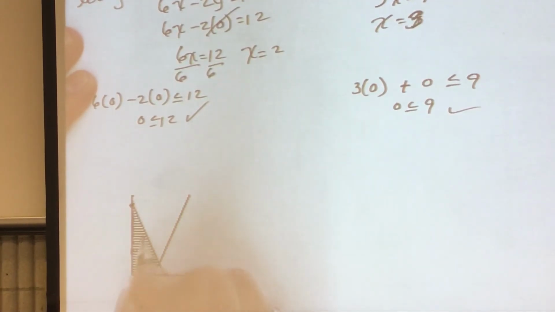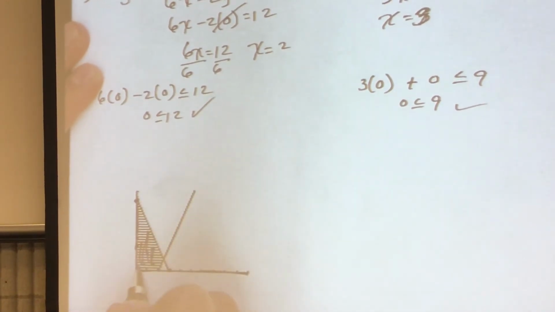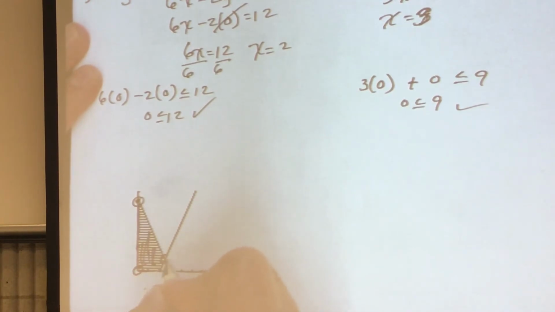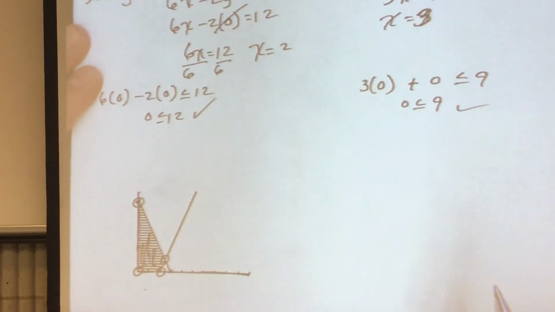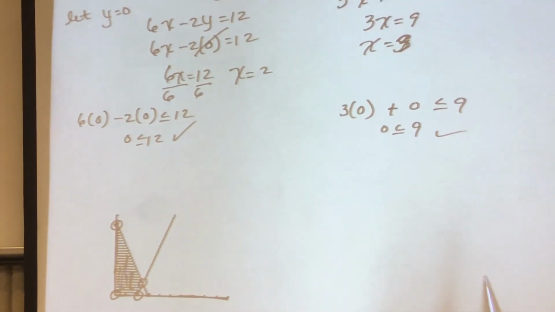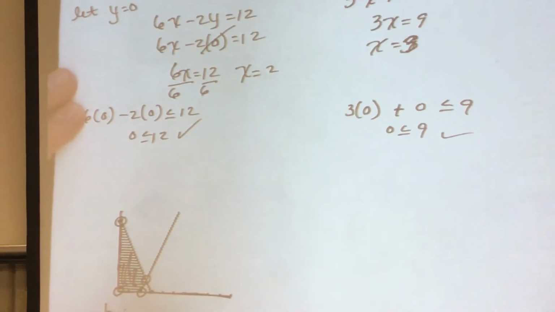So our feasible region is this. So now the corner points: we have one corner point, another point of intersection, and the other x-intercept. So these corners bound that feasible region, and again, the area is bounded.